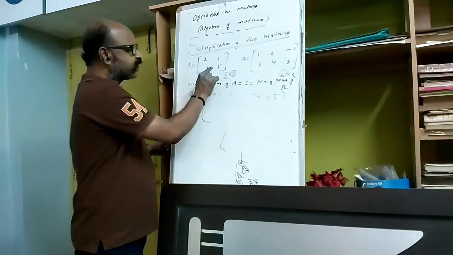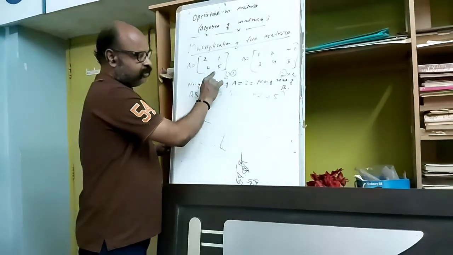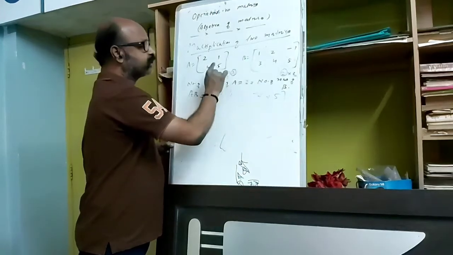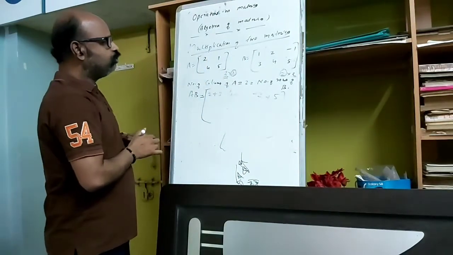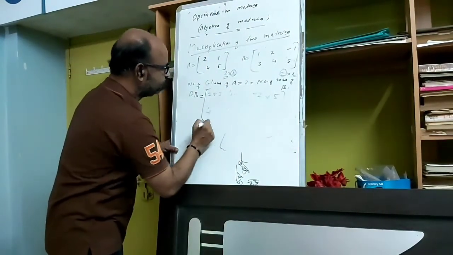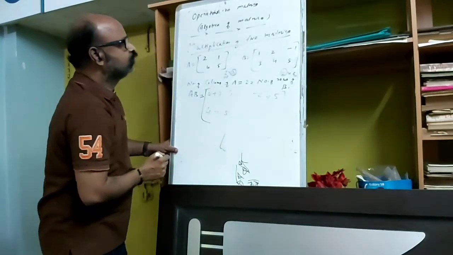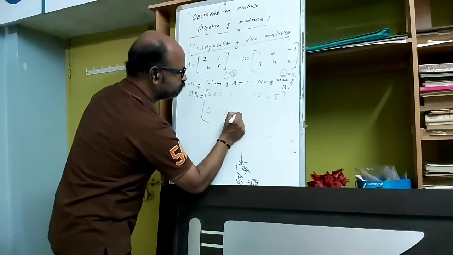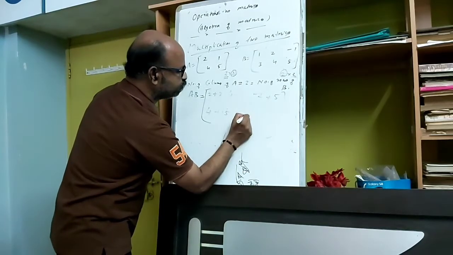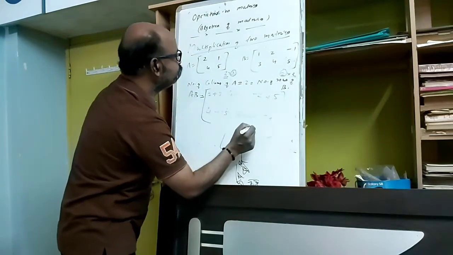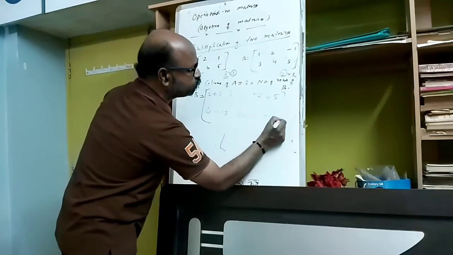So we come to the second row of A, multiplying the first column, second row into the second column, second row into the third column. So 4 into 1, 4, 5 into 3, 15, 4 into 2, 8, 5 into 4, 20, 4 into minus 1, minus 4, 5 into 5, 25.